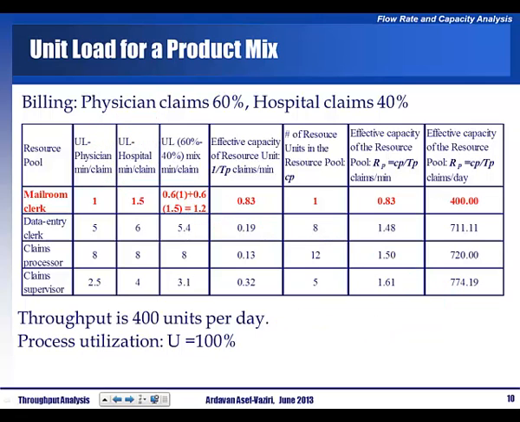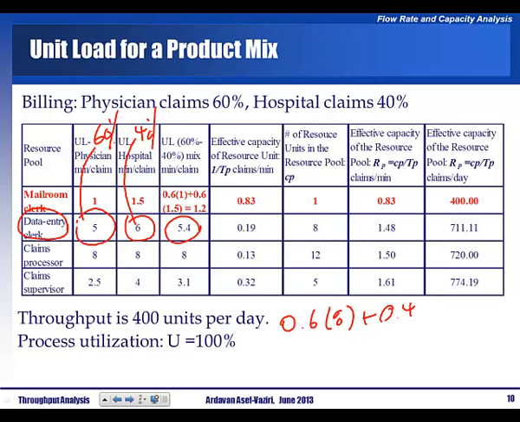I can do the same for the second resource pool. I have 60% here, 40% here, 60% times 5, 40% times 6, 5.4. Again, 0.6 times 8, plus 0.4 times again 8, and that is obviously 8.